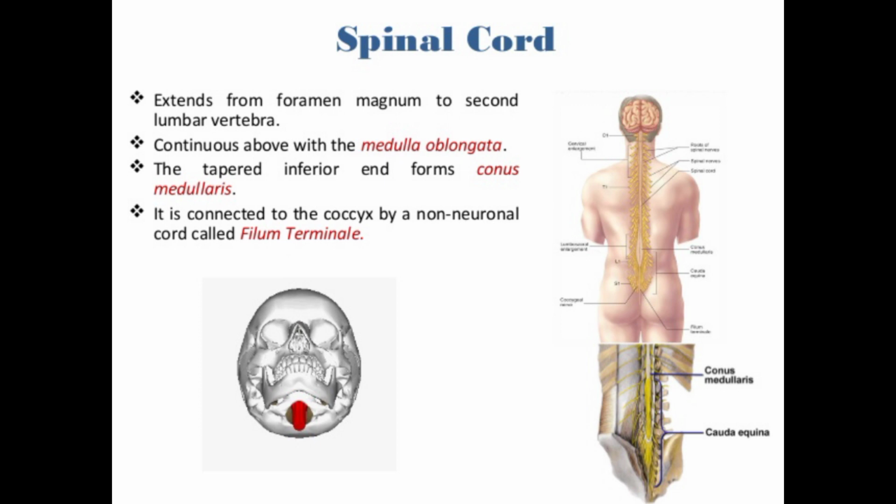The tapering end inferiorly is called the conus medullaris. It is connected to the coccyx by a non-neuronal cord called the filum terminale. Here there will be a shiny appearance, that is called the filum terminale. So remember, the lower tapering end of the spinal cord is called the conus medullaris.